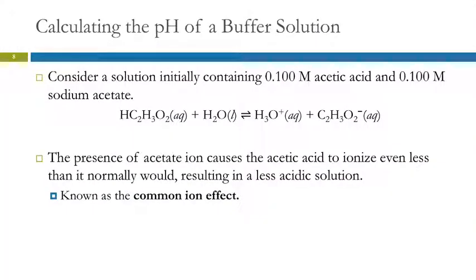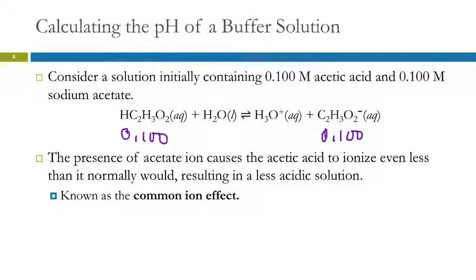How do we calculate the pH of a buffer solution? Well, let's look at this solution here. We've got acetic acid and sodium acetate, and we've got 0.1 mole per liter of both of them, and we're trying to figure out what the hydrogen ion concentration is.